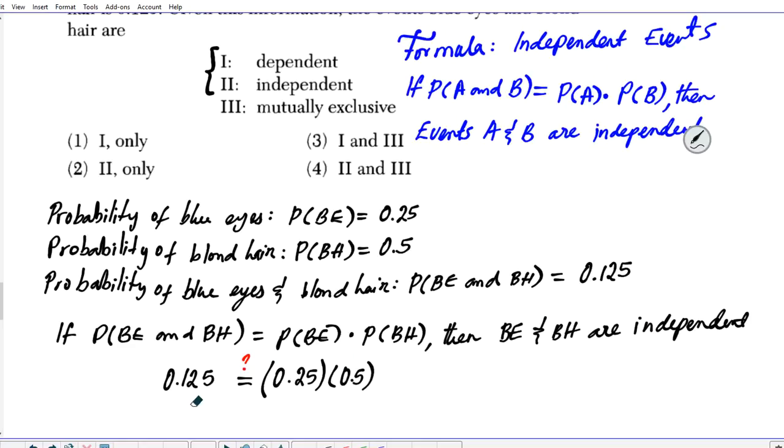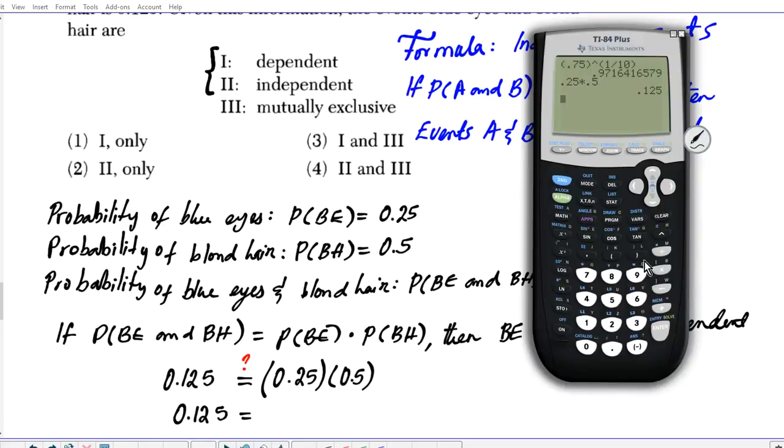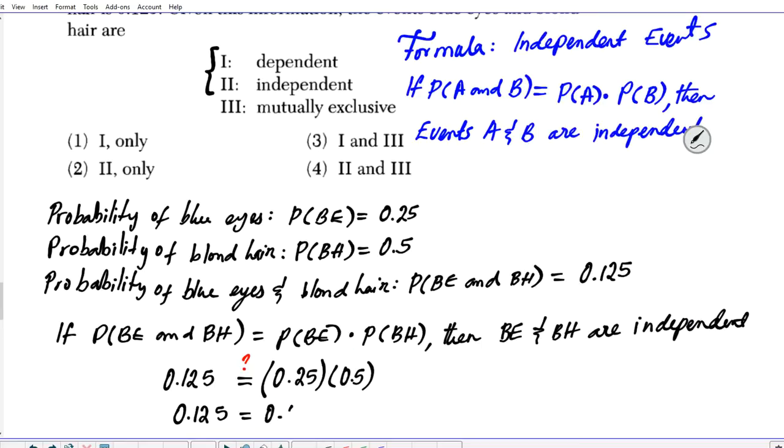So when you multiply these two on the right side, what do you get? Let's work it out. So if you have 0.25 times 0.5, your answer is 0.125. So this is 0.125. Oh, they are equal. So what does that mean?